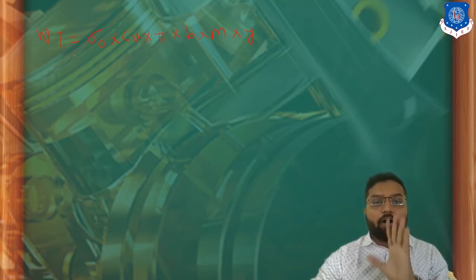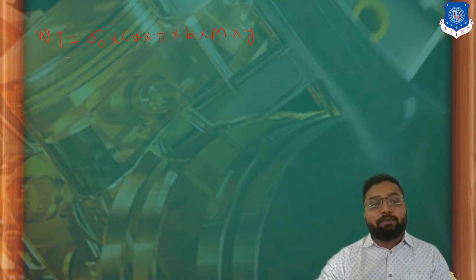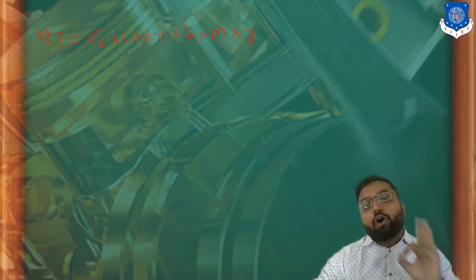Clear? Because when the gear and pinion come into contact with each other, they are not going to deform at the same time. Either deformation of the pinion or deformation of the gear is going to take place depending on its strength.